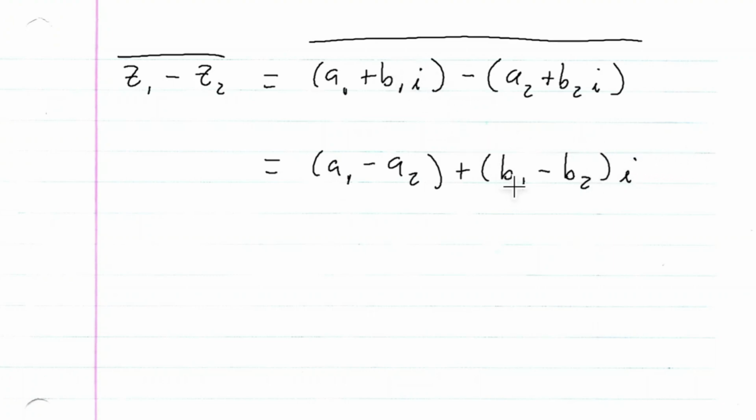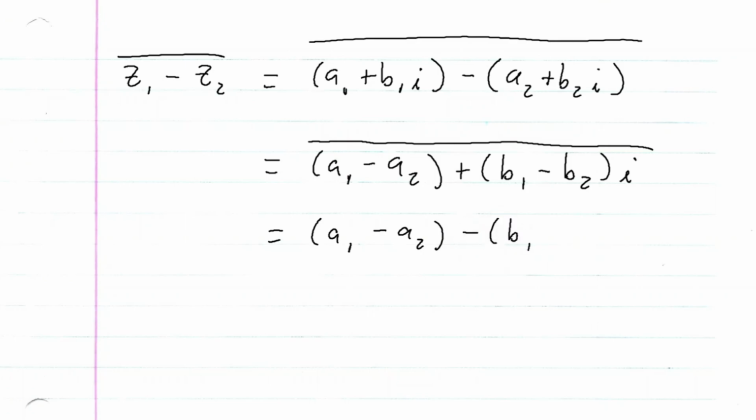This will be positive b1, and this will be minus b2, and then we can factor out the i from both of them. Okay. Now we know the conjugate of this, since subtraction is closed for the reals, right? We know both of these are real numbers as well. We know that this is going to be a1 minus a2 minus b1 minus b2 times i, right, for the conjugate.